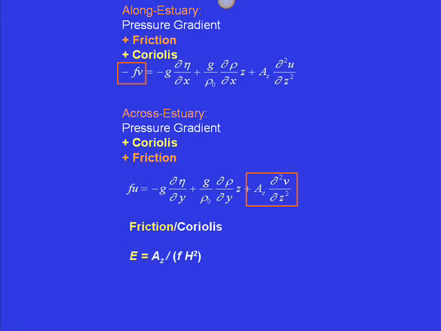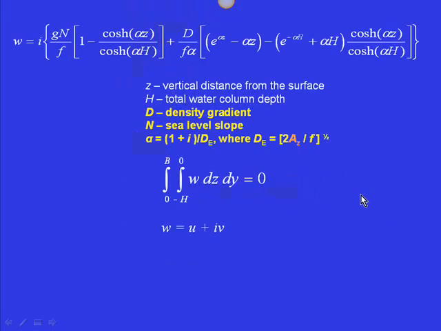In other words, they're constant. Then you have a system of two differential equations with two unknowns. And you can solve that if you assume that the flow u, v, you can put it as a complex velocity, and you can get a solution that looks something like that.